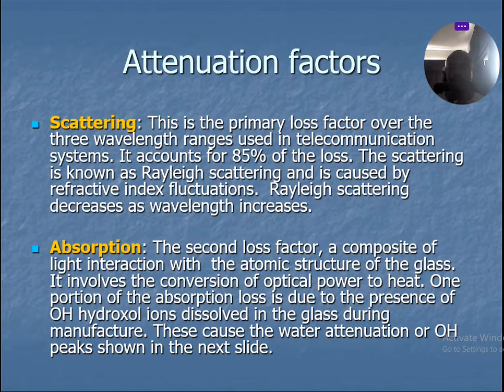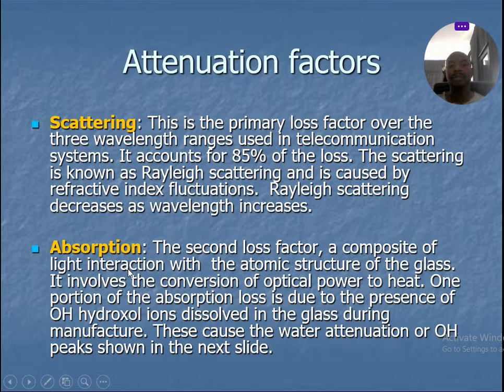The fluctuation resulting from refractive index variation in the glass causes this scattering. Is that okay? Rayleigh scattering decreases as the wavelength increases. So this scattering will reduce the more you increase the wavelength. That's the first factor responsible for attenuation in signal that is propagated through an optical fiber.